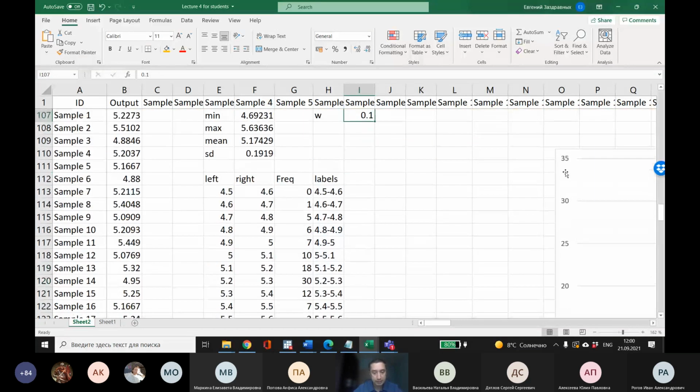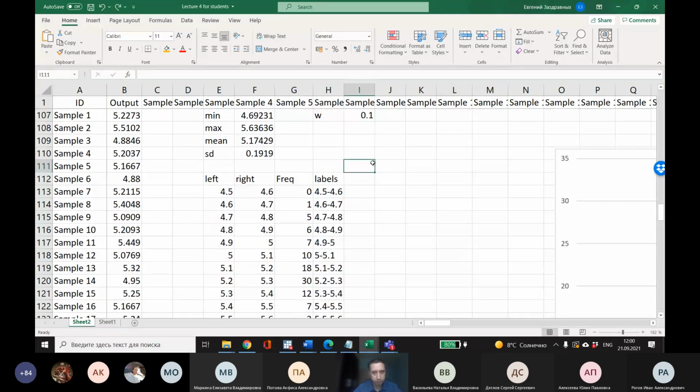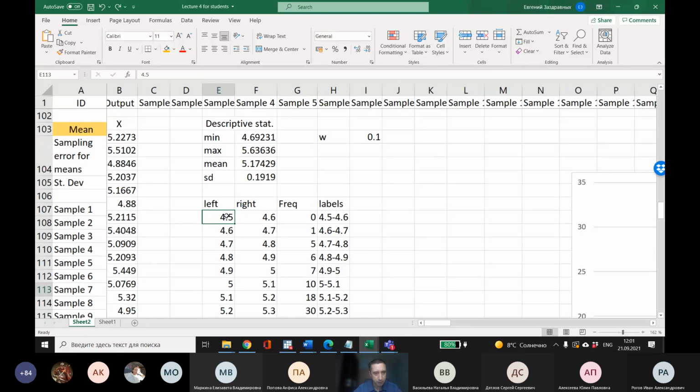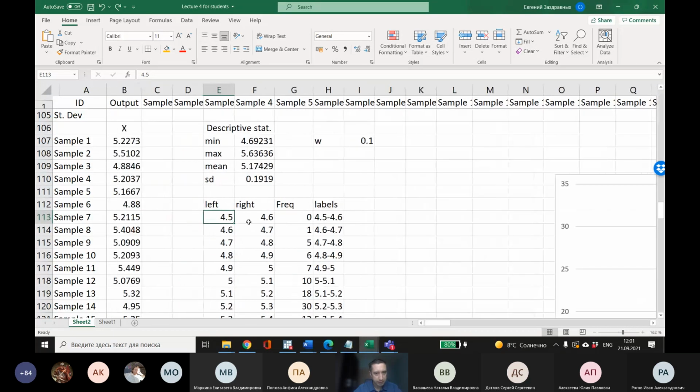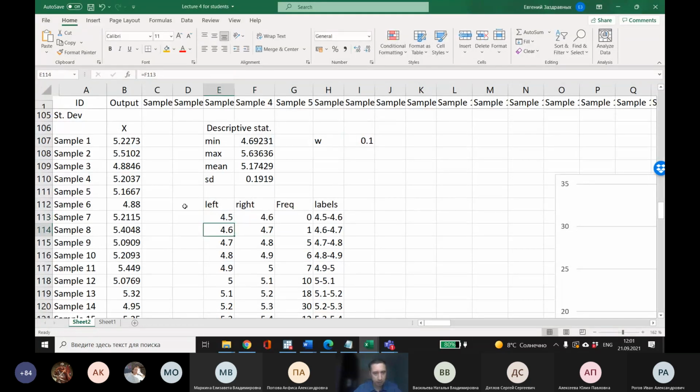And what you have to do now is create these two columns. Our starting point is 4.5. Look, next I add 0.1, and here I make a reference to this cell.